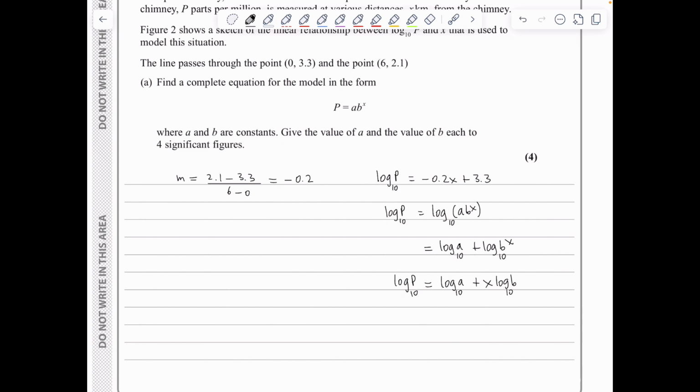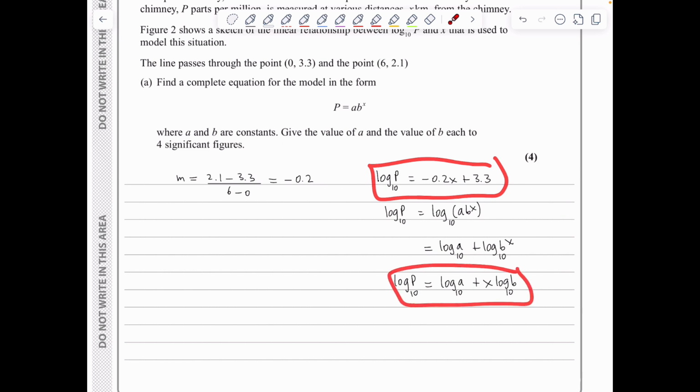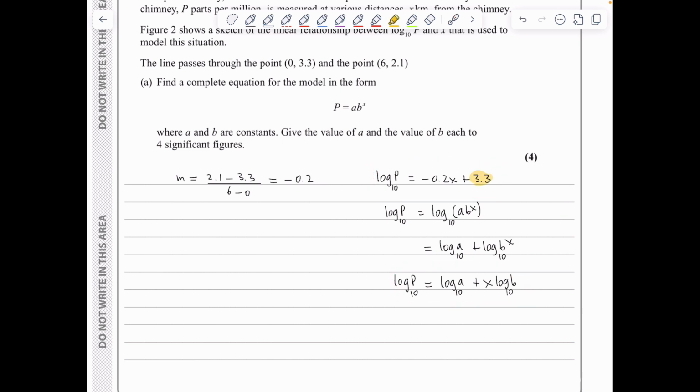And I can compare with the equation of the straight line here. So the constant term, the 3.3, is the log of A base 10, and the coefficient of x, the gradient here, the negative 0.2, is the log of B base 10.